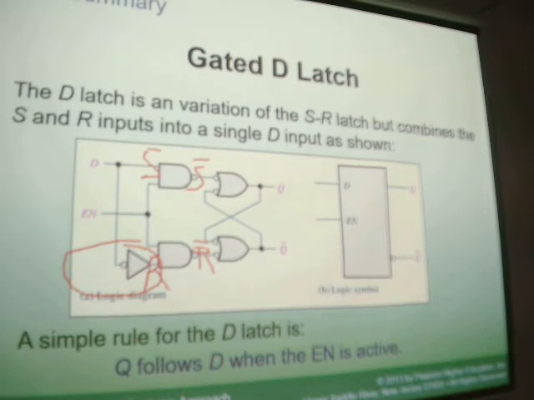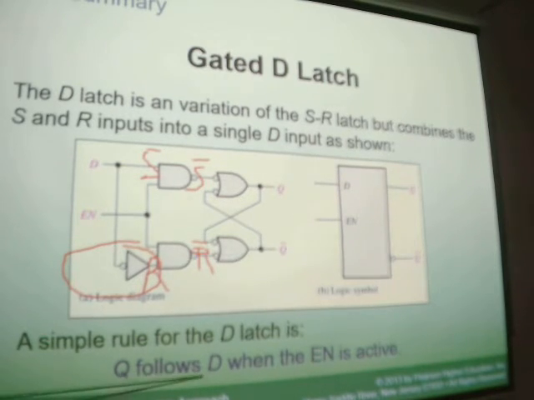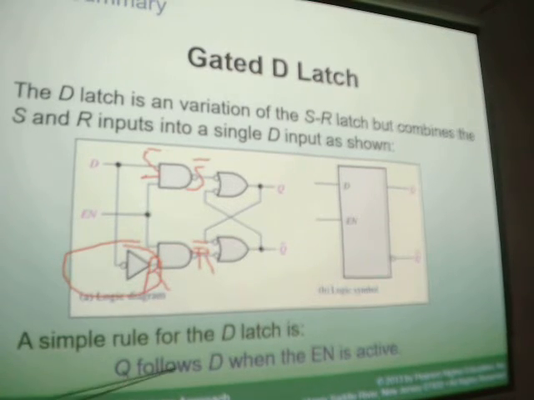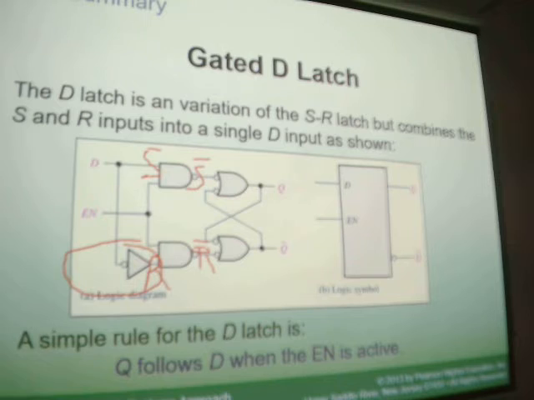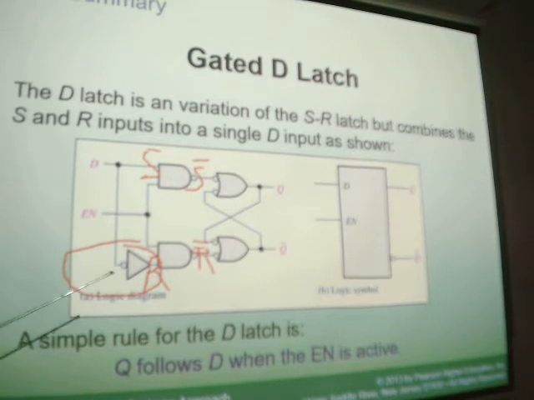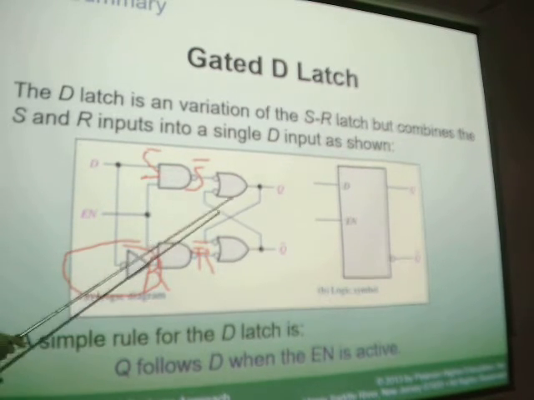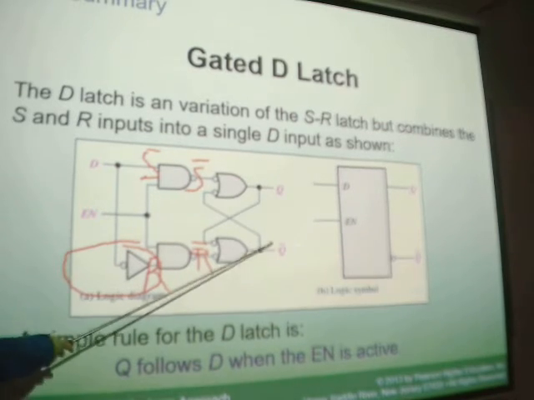The simple rule for the D latch is Q follows D. That means Q equals D when enable is active, when En equals 1. Otherwise, Q will be Q and Q bar will be Q bar.